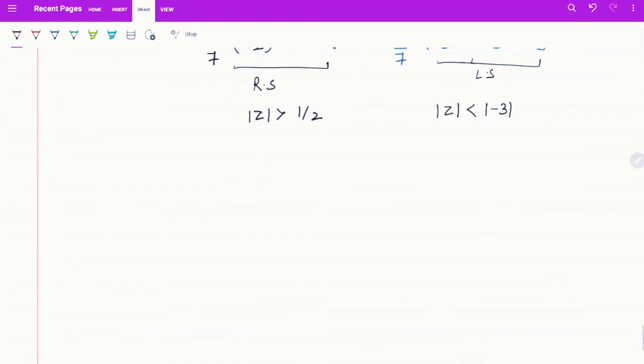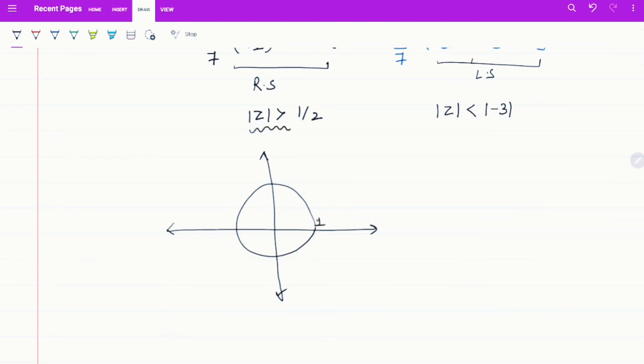So what will be the region of convergence? First we'll draw the unit circle. Now first is mod of z greater than 1 by 2, so this is the circle of radius 1 by 2. Second, mod of z is less than 3, so this is the circle of radius 3.